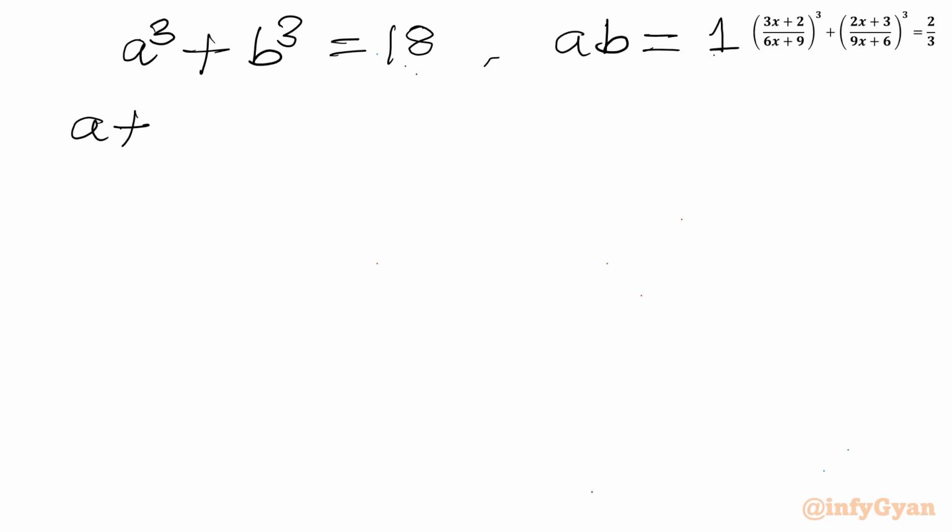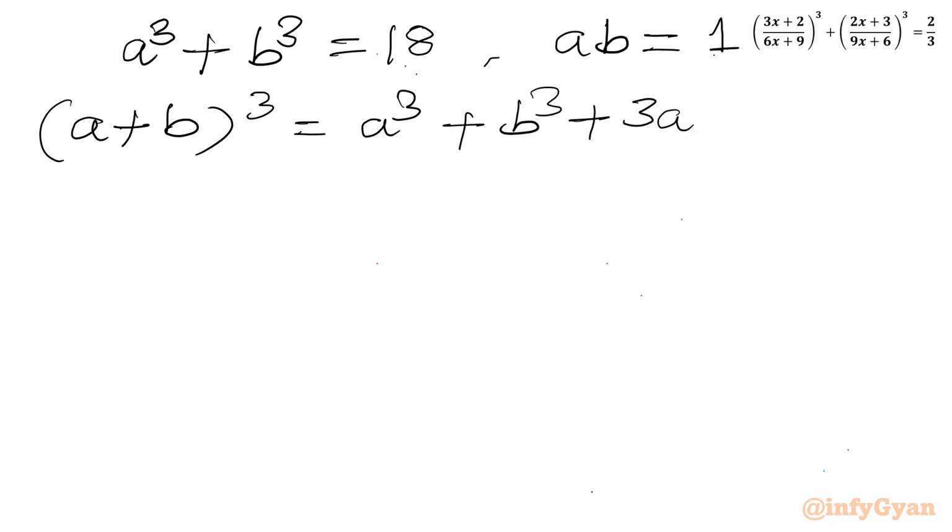Now I'll write one algebraic identity: A plus B whole cube is equal to A cube plus B cube plus 3AB in bracket A plus B. Let us consider our substitution.